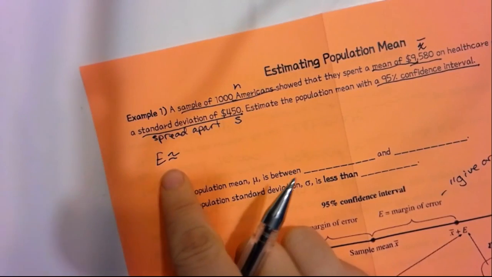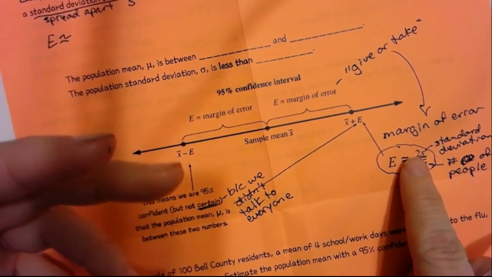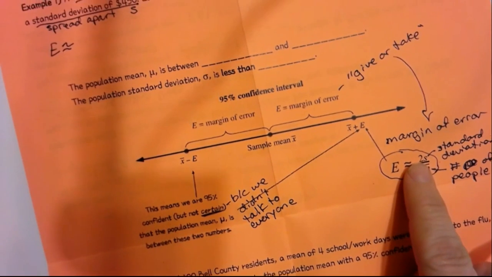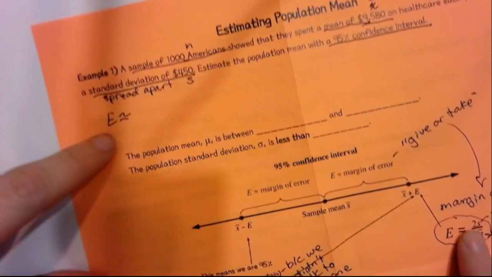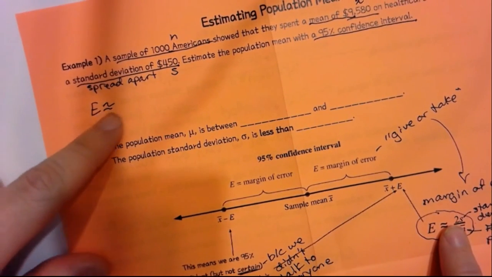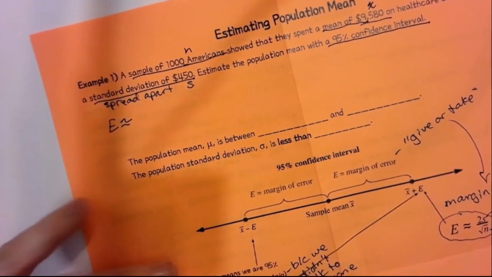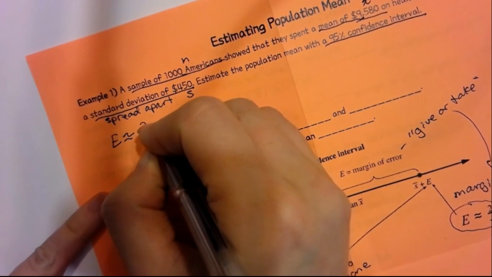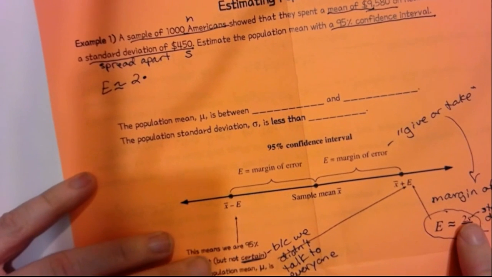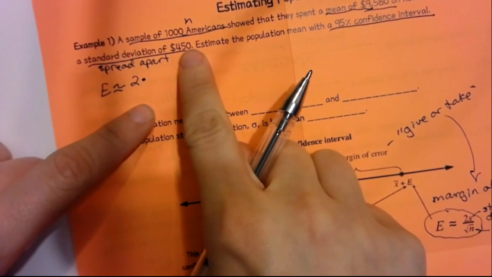And it's an approximately equal to sign because in reality the formula is about 1.96, I believe. We're rounding it to 2. So go ahead and put an approximately equal to sign. So take 2 times the standard deviation, so 2 times 450.